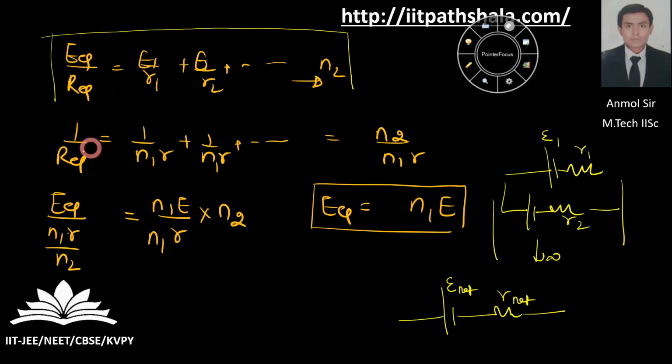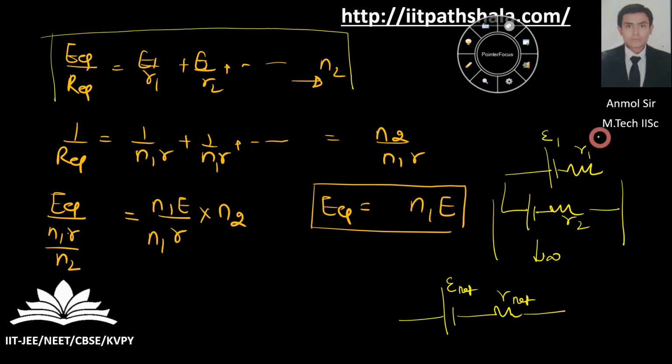So what I have done is, 1 by R equivalent will be nothing but the sum of reciprocals. Okay, so you are doing nothing but finding the R equivalent by the same old school parallel formula over here. So you are reciprocating each of the resistances over here and adding them up.